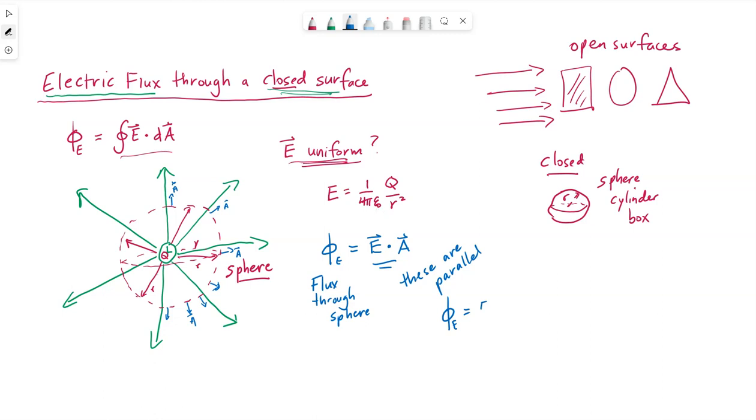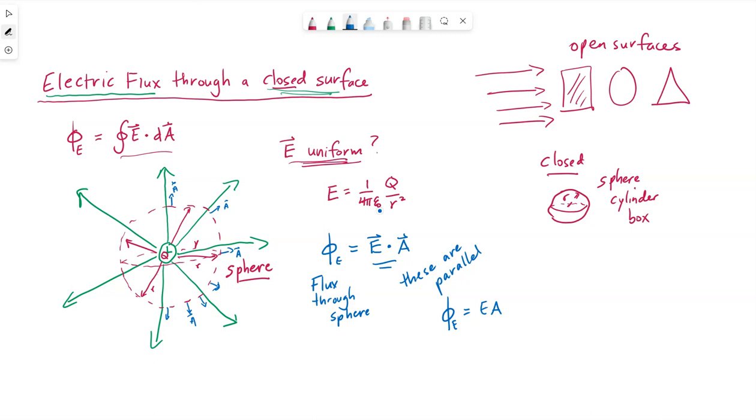Meaning we're taking the electric field value times the area value. If you recall, the nature of the dot product is to multiply the components of the vectors that are parallel to each other.